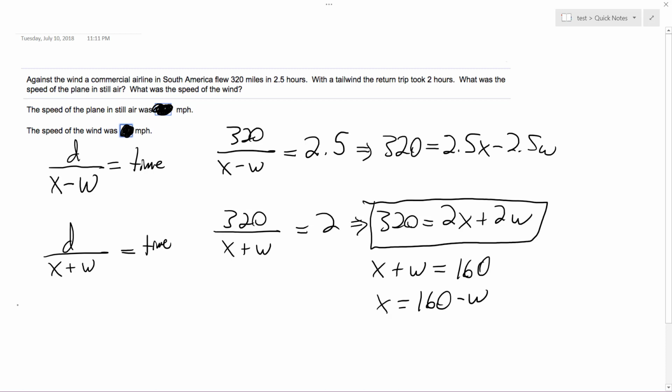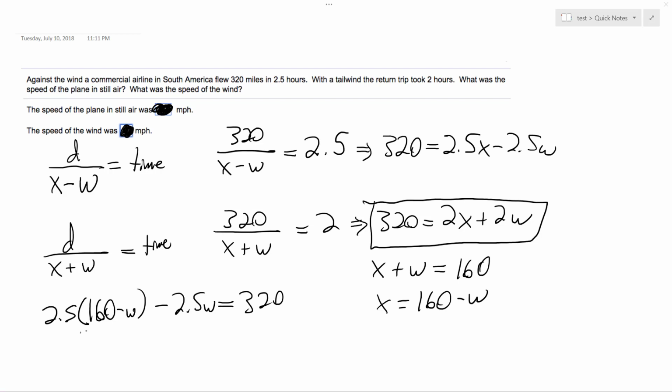So I can sub that in on the top. I get 2.5 times (160 minus w) minus 2.5w is equal to 320. 2.5 times 160 is 400, so that's 400 minus 2.5w minus 2.5w equals 320.